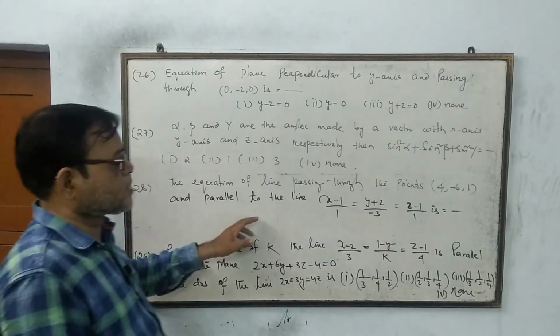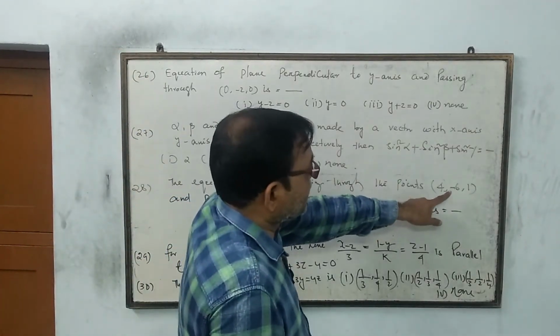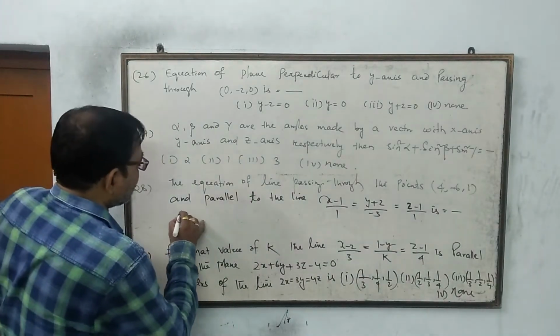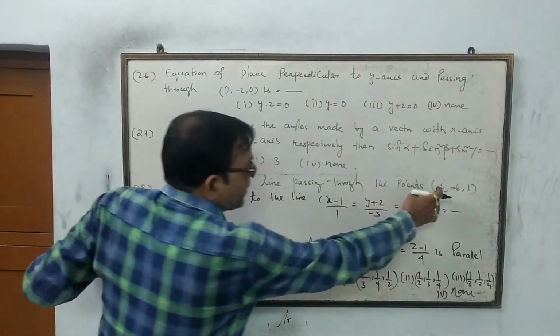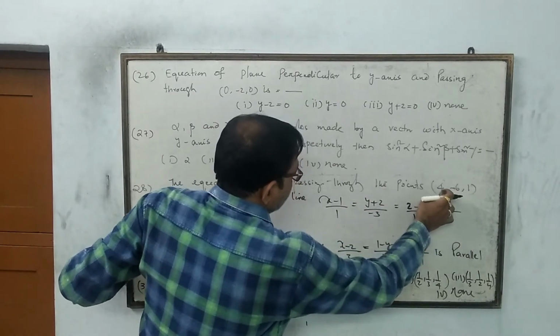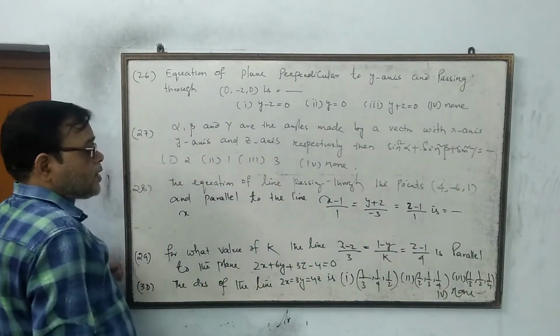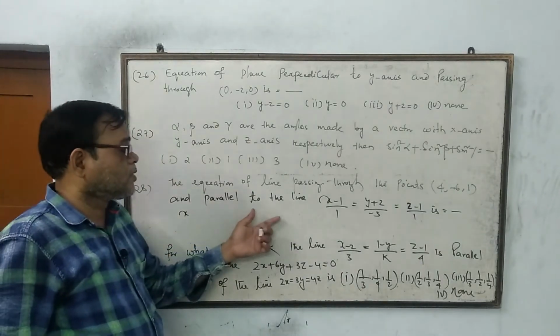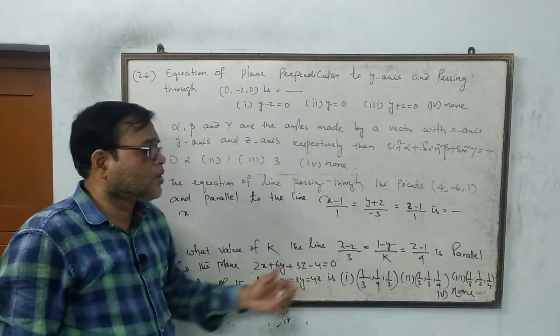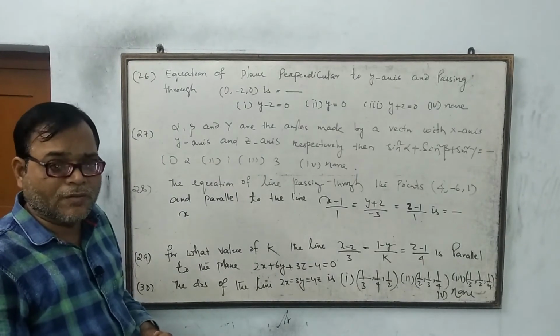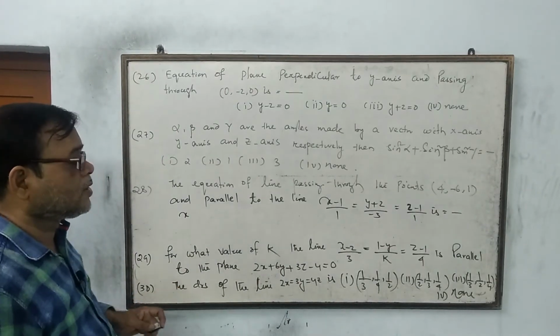I'm going to solve this one. You see, the line is passing through 4, minus 6, 1. Thereby, we can write A, B, C as 4, minus 6, 1. Meaning is that this is x0, y0 and z0. And this line is parallel to the line this one. If the two lines are parallel to each other, then the direction ratios are equal or proportional.